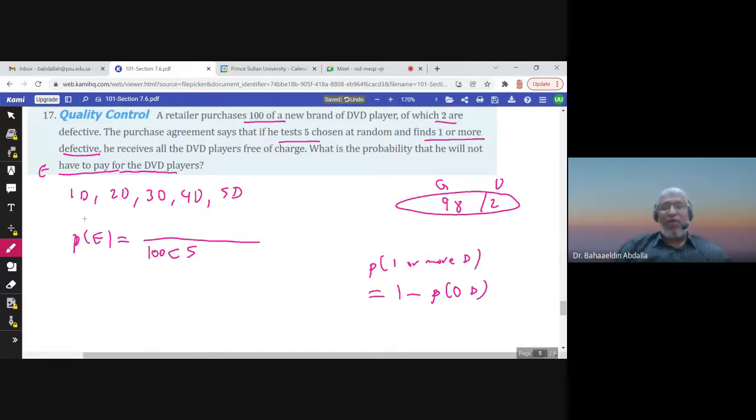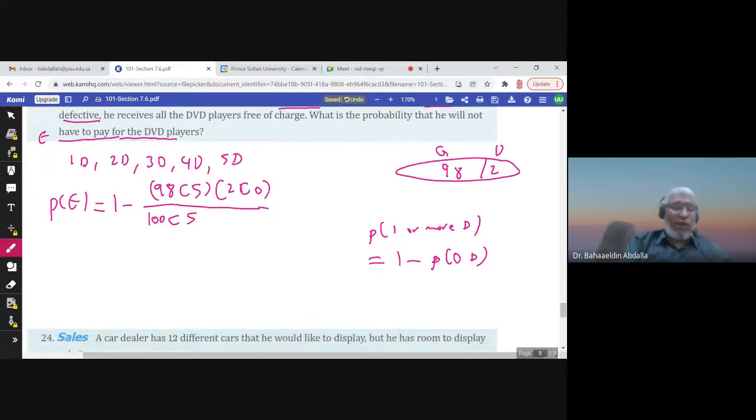So probability of E would be 1 minus probability of 0 defectives. And 0 defectives, from the 98 goods, I select the 5, and from the 2, I select 0. So the answer would be 1 minus 98C5 over 100C5. 2C0, by the way, is just 1.